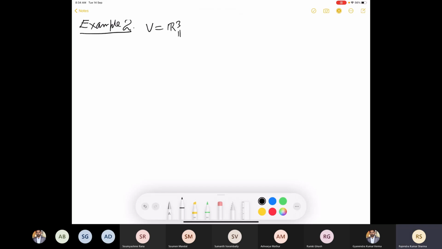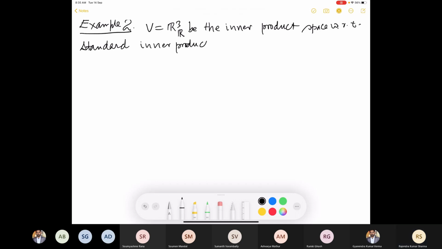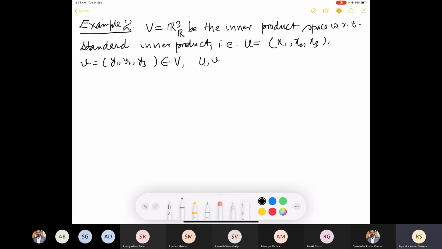So the inner product for U, say x1, x2, x3, and V, say y1, y2, y3, in V, the inner product of U with V is defined as x1 y1 plus x2 y2 plus x3 y3.